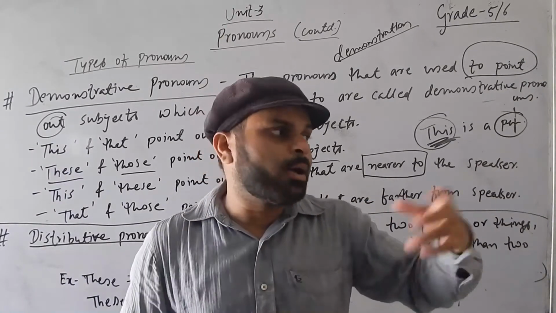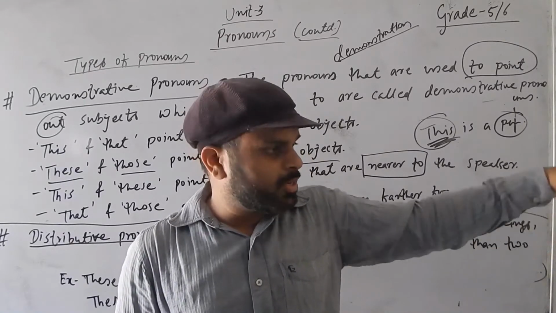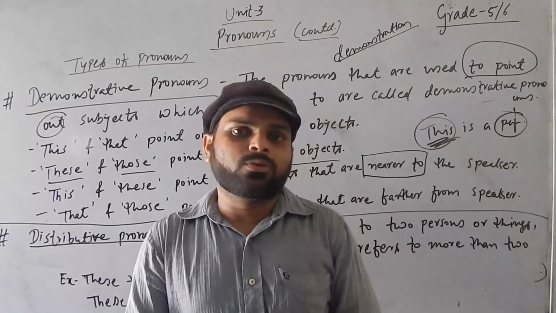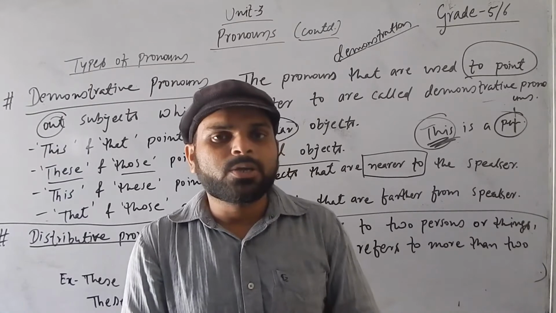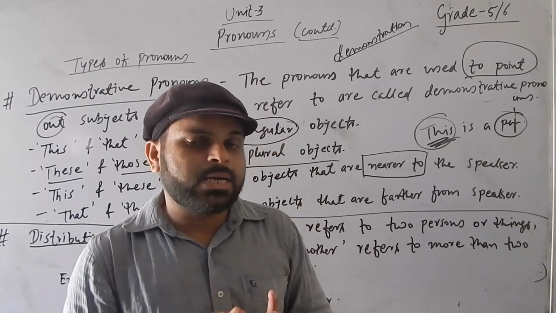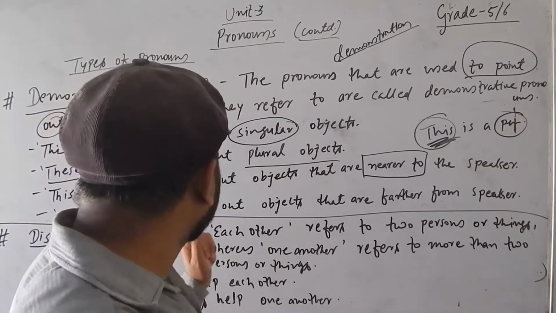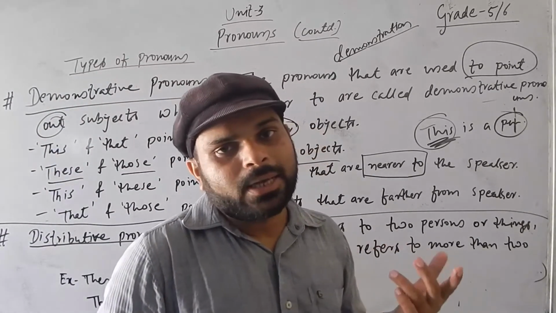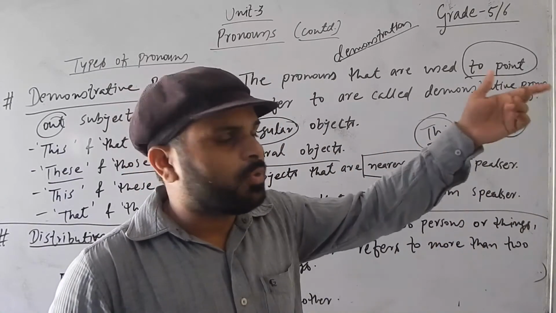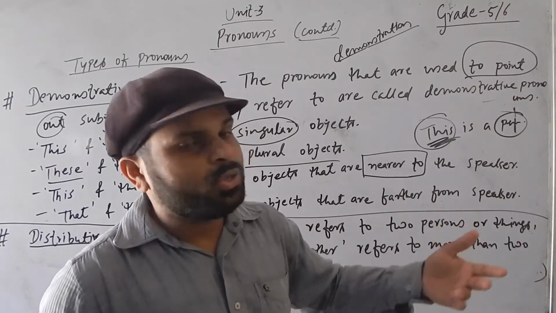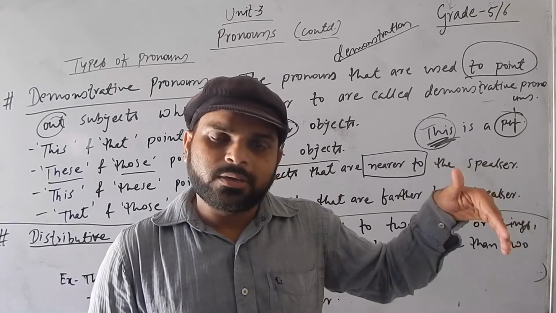Likewise, I am the speaker and I am pointing to that wall. So this is near to me, it is not very far. I am pointing to that fan and it is very near to me. So an object that is nearer to the speaker is pointed out by this. And if there is more than one fan, more than one object, then these can be used, but the things should be nearer, not farther.